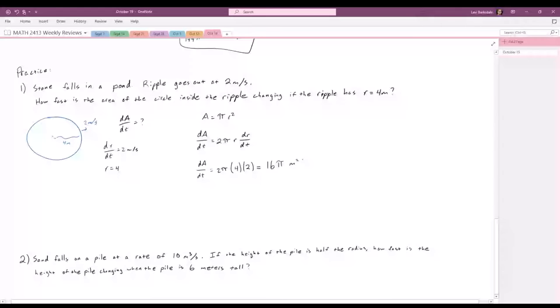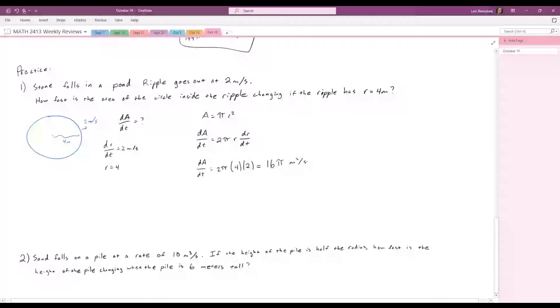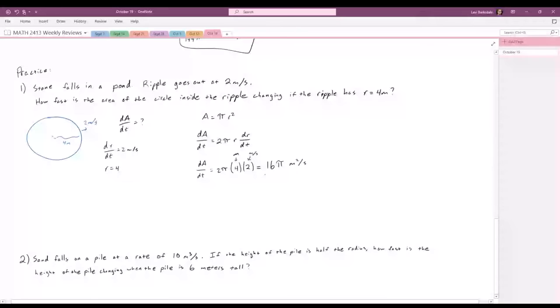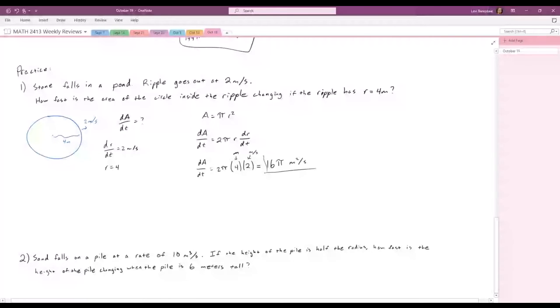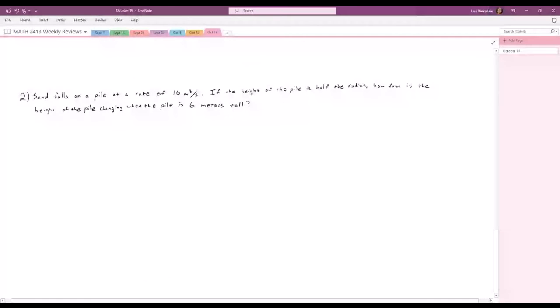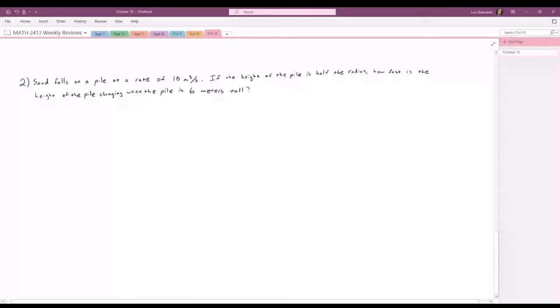I kind of left off my units, but for the r we have 4 meters, and for dr over dt we have meters per second. So yep, 16 pi meters squared per second. Good, good. All right. Everyone clear on question 1? All right, let's go over question 2 then.